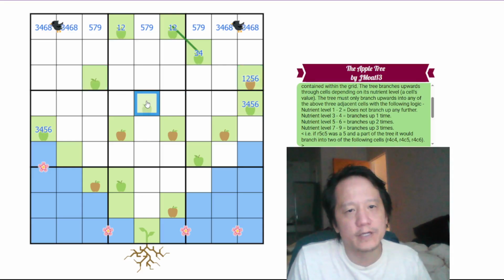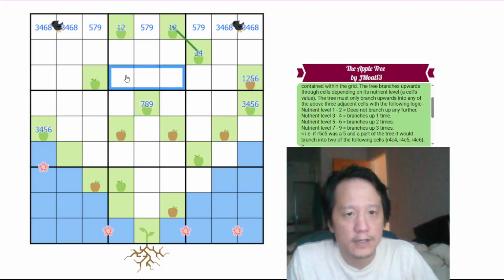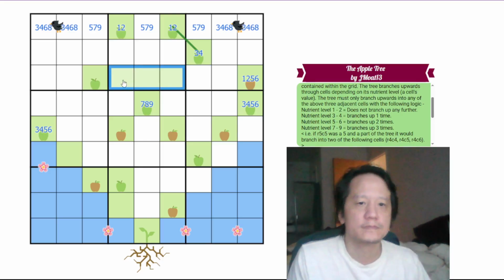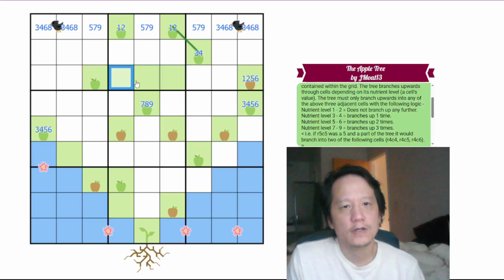If we try to make this a 7, 8, 9, that means these are all branches of the tree. These cannot be 1 or 2. It's guaranteed to at least be 3 branching up, 2 branching up 1, and the other branching up twice.